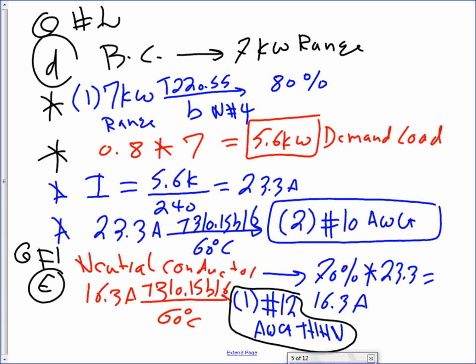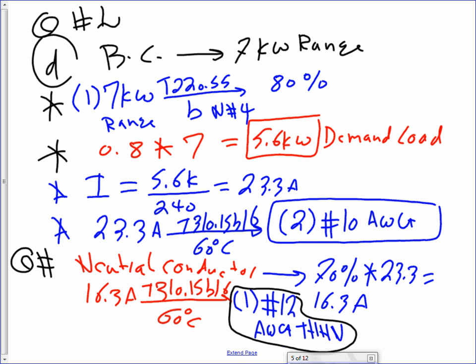So these are the ungrounded conductors. Any questions, guys, about the branch circuit for the 7 kW? The last thing we need to do for this baby, anybody know what the last thing is? Is to go find the overcurrent protection device. Let me adjust this one slightly.